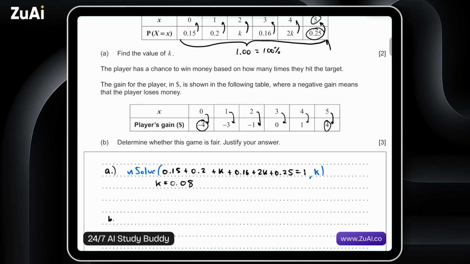For part B, we have a 15% chance of losing $4 and a 20% chance of losing $3. And k we found out was 0.08, so we have an 8% chance of losing $1. A 16% chance of coming out even.